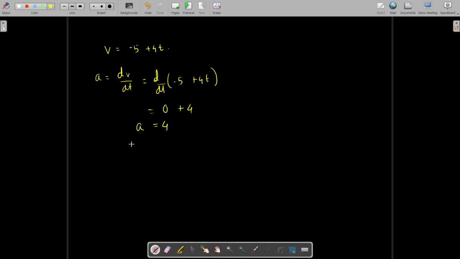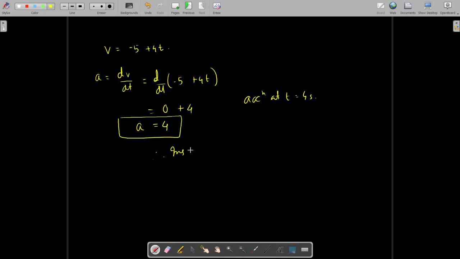So acceleration is 4. Now they have asked you the acceleration at t equal to 4 seconds. Do you find any term t here in this instantaneous acceleration? No. So your answer will be 4 meter per second square.